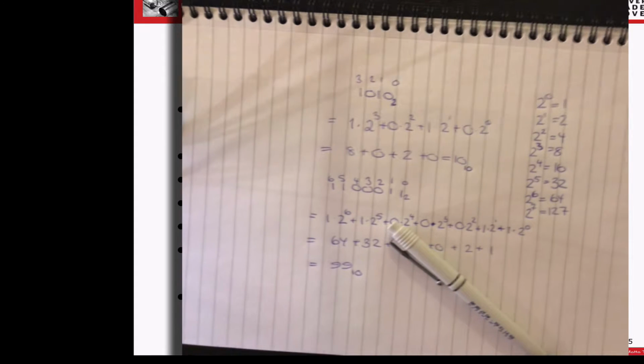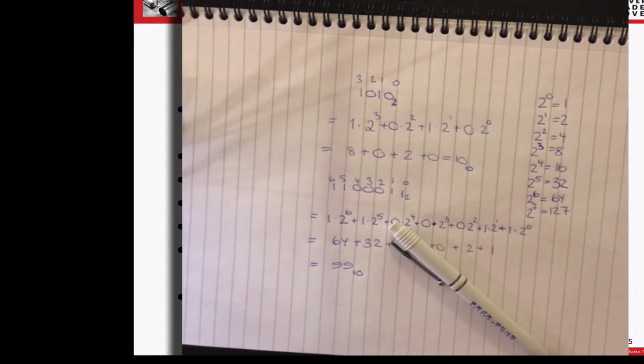Well, we can use different types of methods to do that. I will show you the division method, which will apply to all different types of numbering systems. What we do is divide by the base number of the numbering system that we would like to convert to.